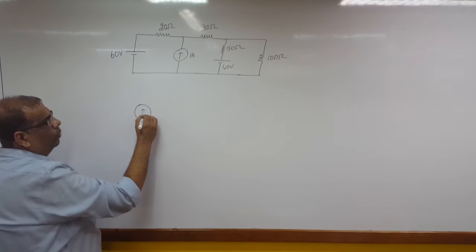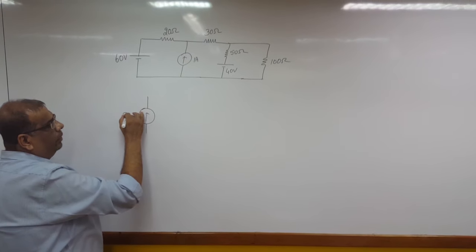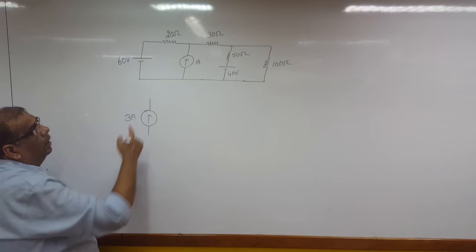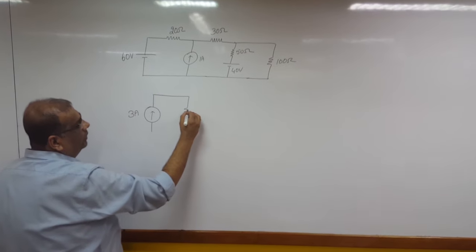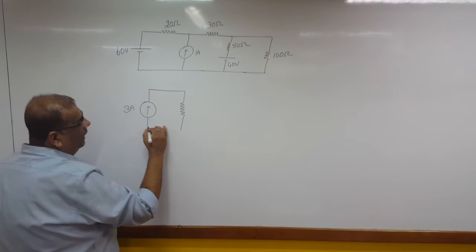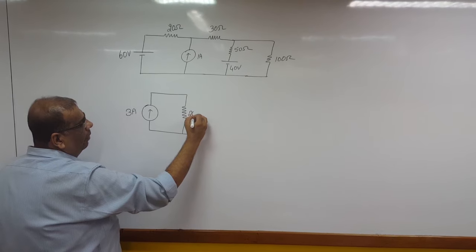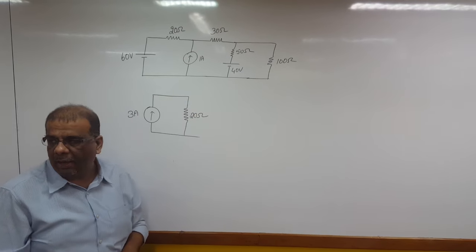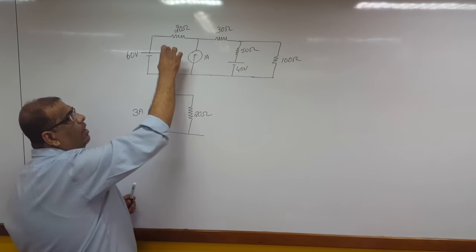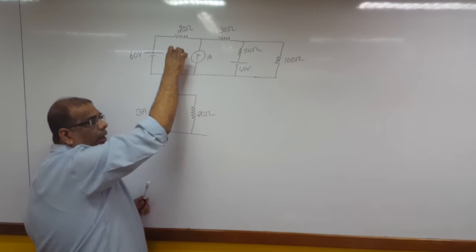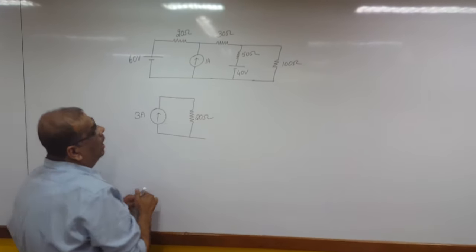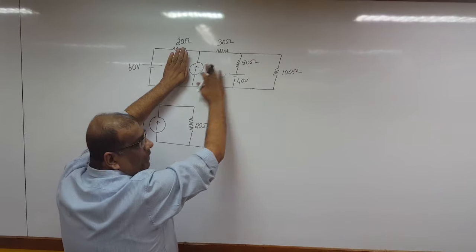I get a current source of 3 amperes. The same 20 ohm resistance which was connected in series now comes in parallel. So here I have converted this part to a current source. Rest of the circuit remains as it is.